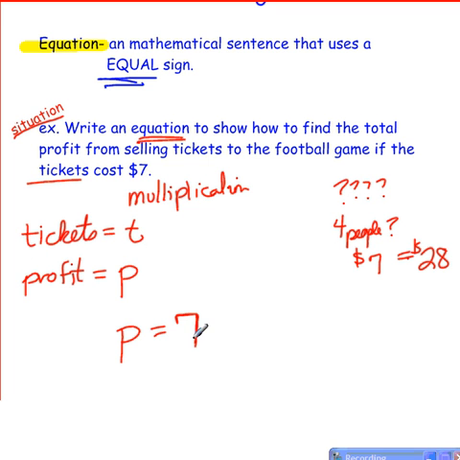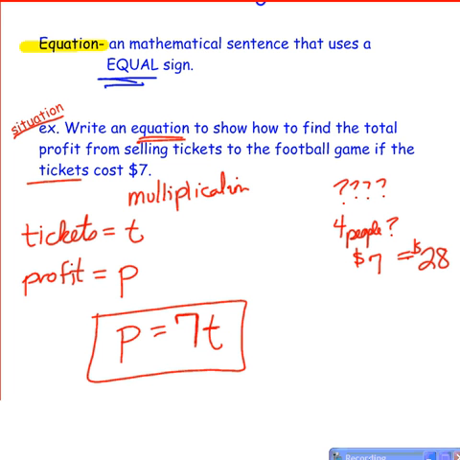So 7 times the amount of tickets that I need. That is how I'm going to calculate how much profit the gate person is going to get from me. This would be the equation that represents this situation: P equals 7 times T.